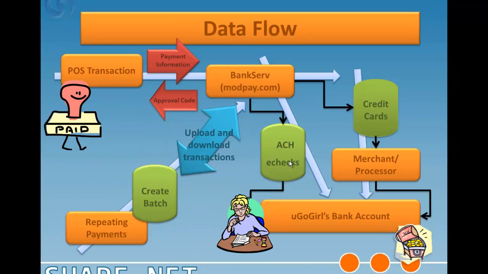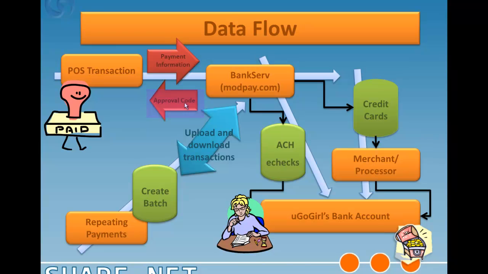Now let's talk about data flow. So what's going to happen is maybe somebody comes into your facility and buys a bottle of water. You're going to scan the bottle of water or somehow enter it into your system, and it's going to take that transaction and send it over to the gateway. BankServe will send us an approval code or a decline. If it's a decline, the process ends.